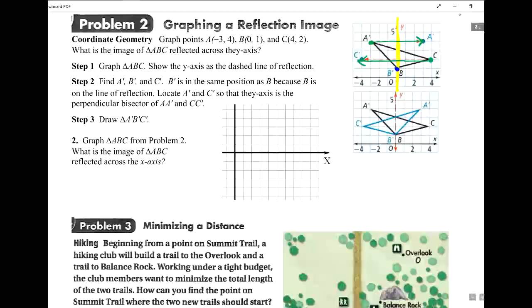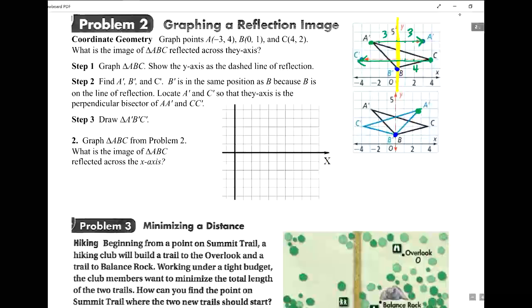So as we saw, point B becomes B prime because it is on the line of reflection. Point A moves over 1, 2, 3, so we move it over 1, 2, 3. So point A ends up over here. Point C moves 1, 2, 3, 4.